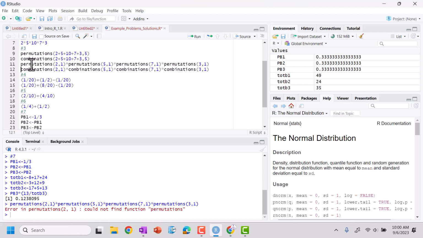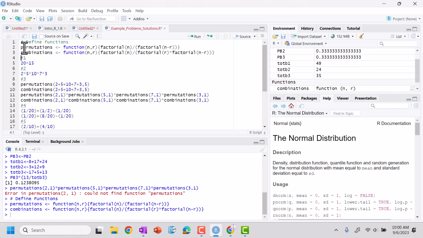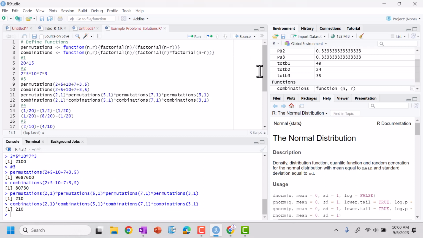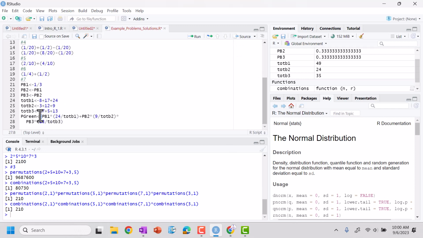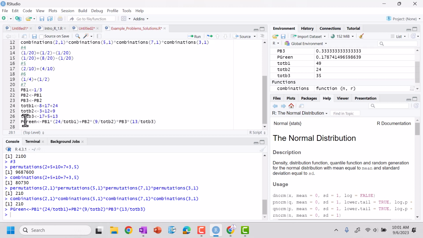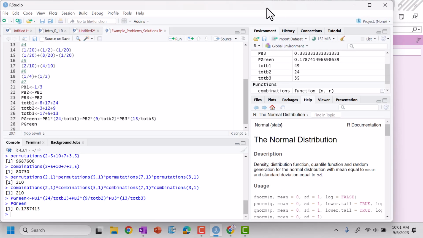We need to define our functions. So now we can see those values. We were fine there, but not over here. So let's move this over here and we can do P green, the probability of green, and we can see that value right here. Excellent.